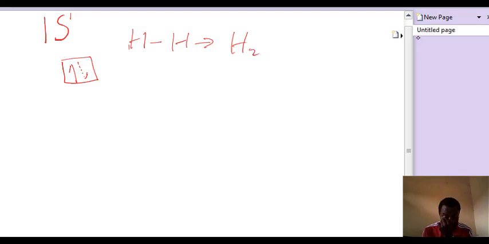So hydrogen exists as a diatomic molecule.